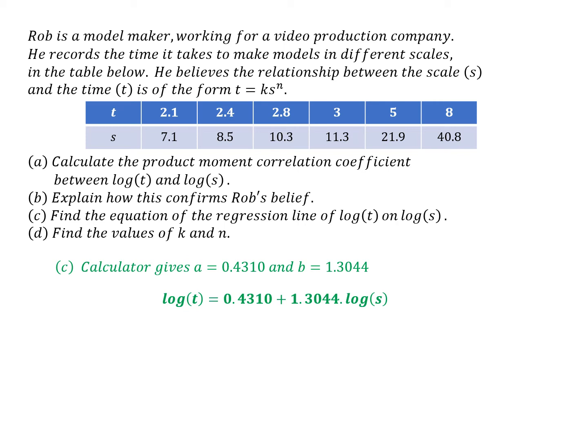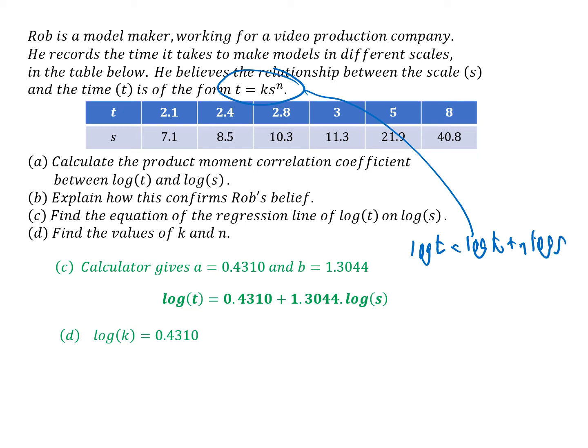Now when we compare that with the equation t equals ks to the n, this one here, and we take the logs of that again, we'd say log t equals log k plus n log s. We can see that 0.4310 is log k.